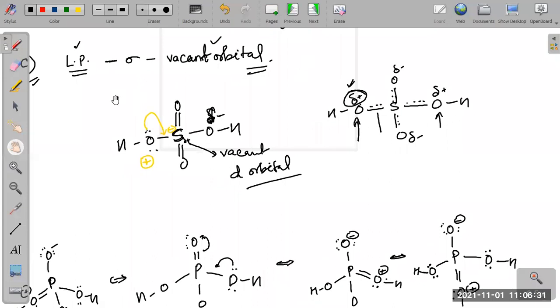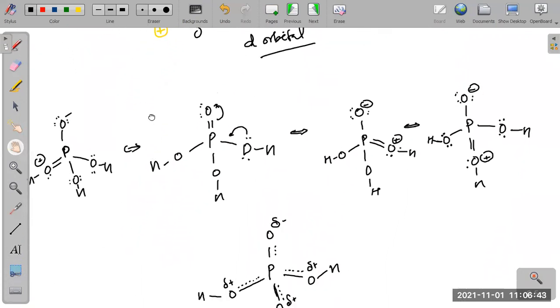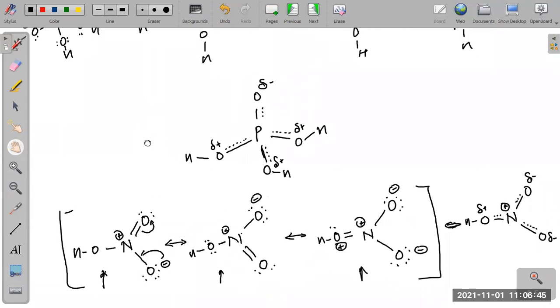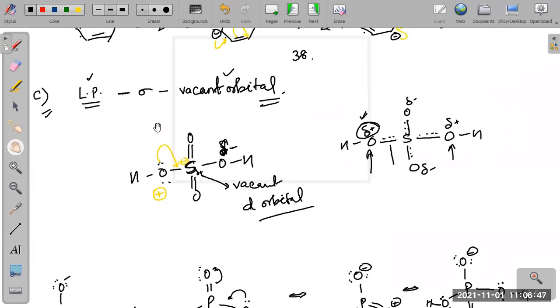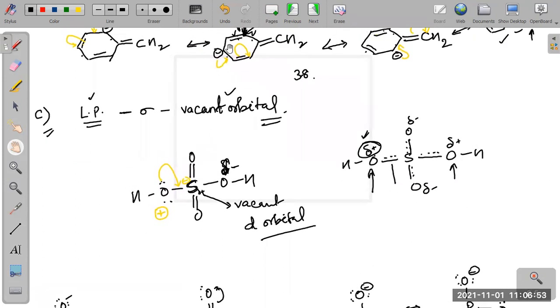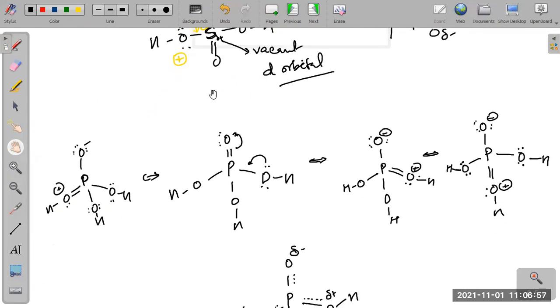The third system where delocalization can take place is lone pair and vacant orbital, which happens generally in the case of H2SO4, H3PO4, HNO3. These acids show lone pair and vacant orbital delocalization. Let us see one by one in detail.